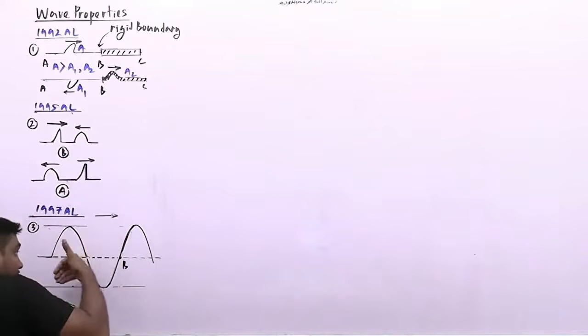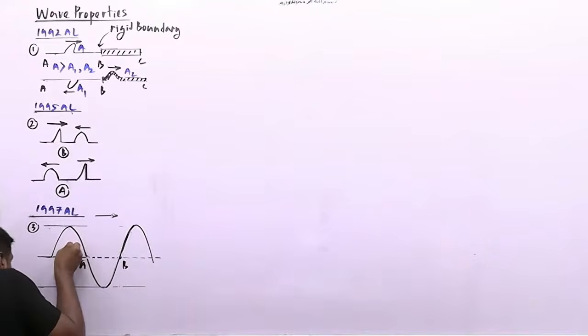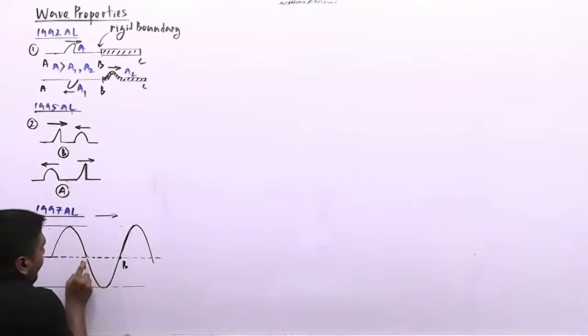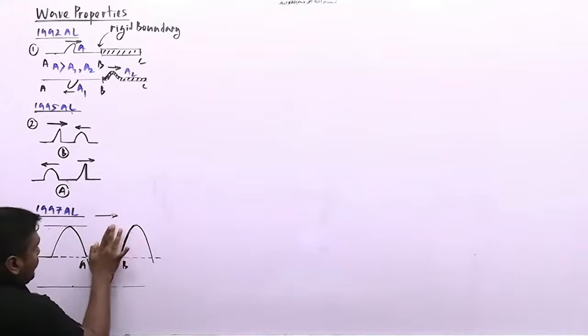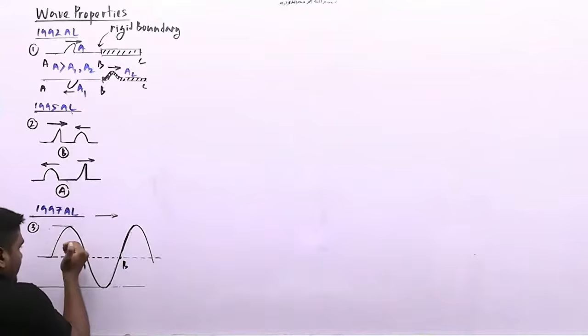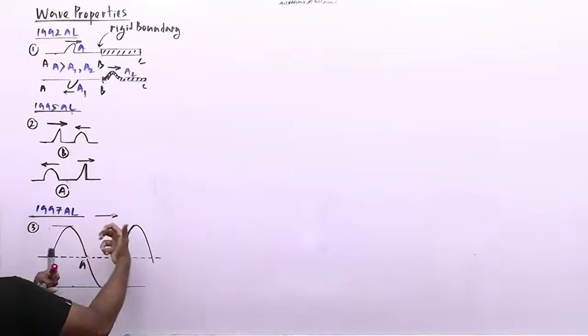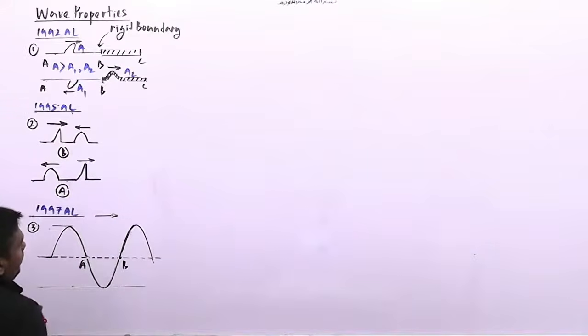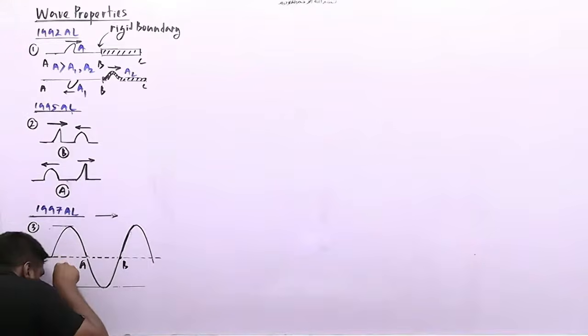They are asking, in the next instant, because we know the wave propagates to the right side direction, where would be the locations of these two water particles A and B? I told you that in such cases, if you can remember, draw the next instant of the wave.